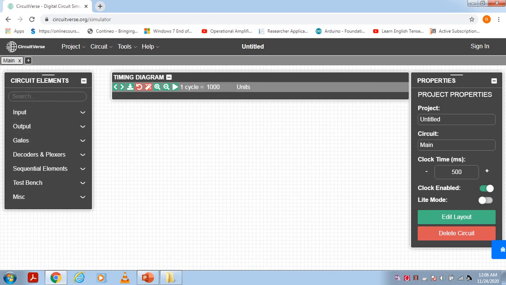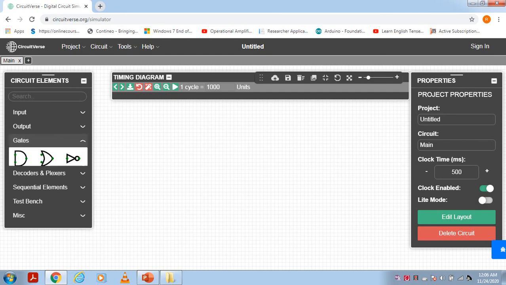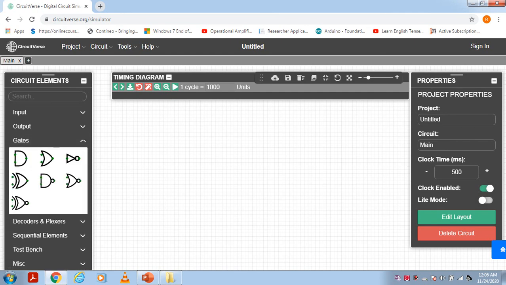On the left side, the circuit elements: input, output, gates, decoder, multiplexer, sequential element, test bench, and MISC. These are the options available. First, I am going to select the logic gates. Okay, first I am going to implement the half adder circuit.